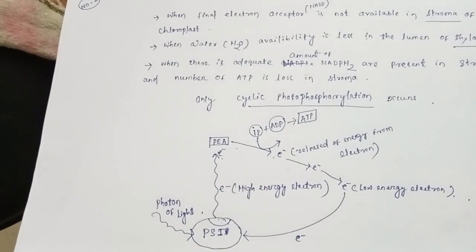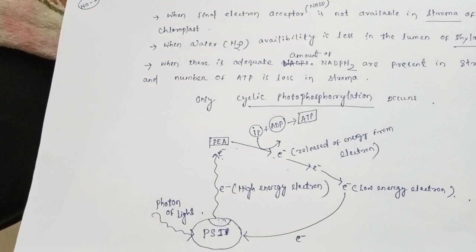In the cyclic pathway of electron flow, what happens? Only photosystem 1 is involved. Whenever the photon of light is absorbed, the photosystem is activated, and the special chlorophyll a, which is the reaction center, becomes excited and releases its electron.